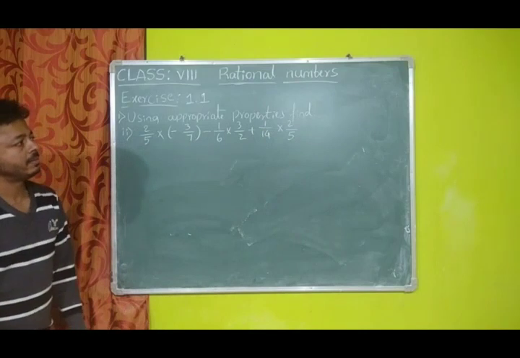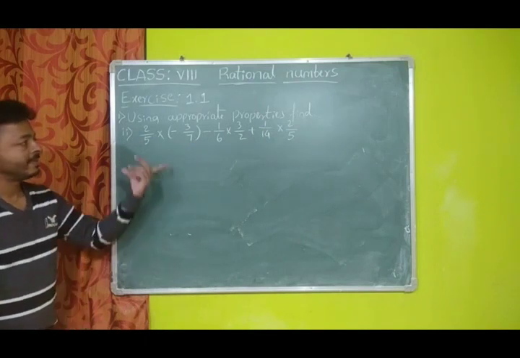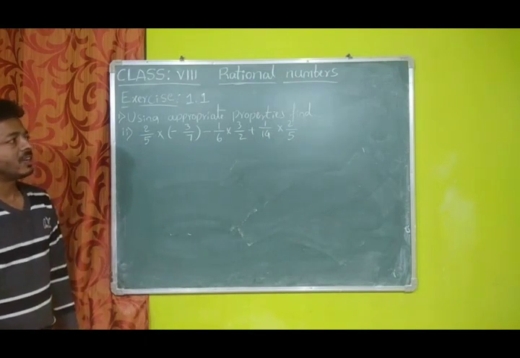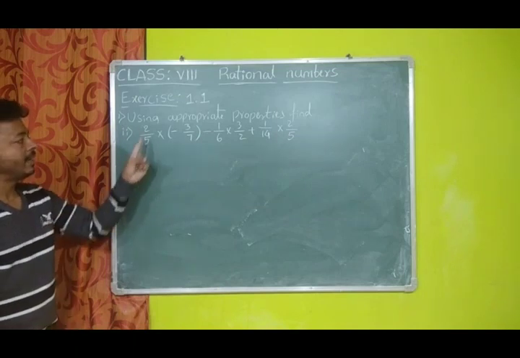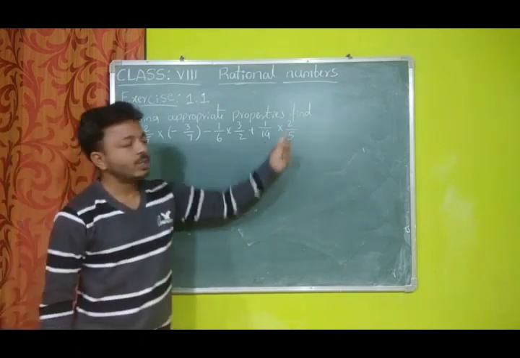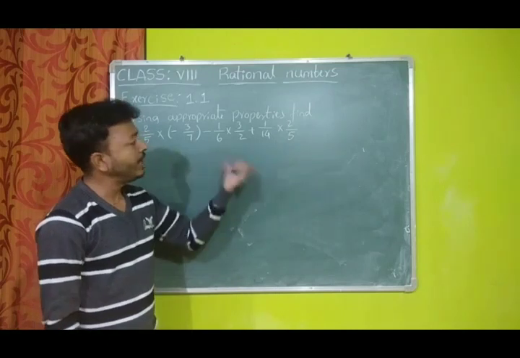See here. Are you getting this? Where is the common term? Yes, here 2 by 5 is a common term. One more, 2 by 5 is a common term. So regroup the terms.